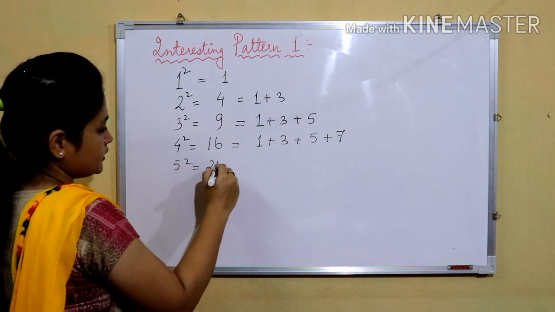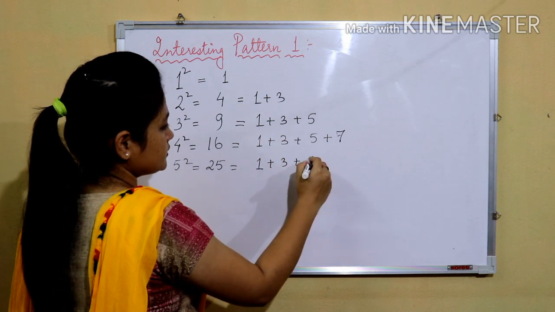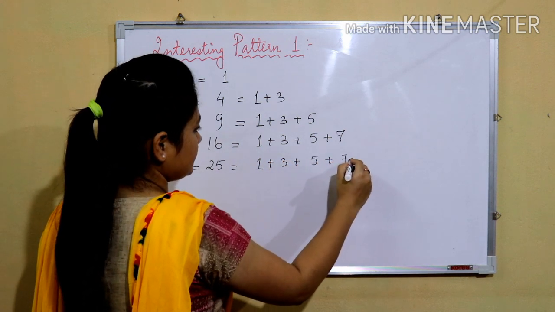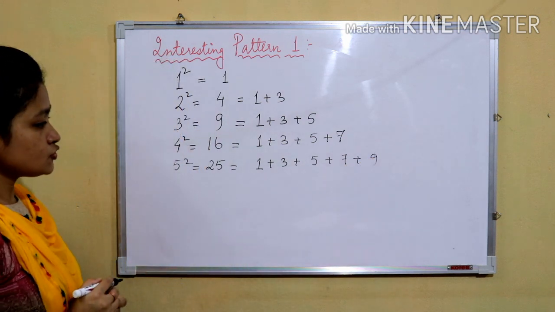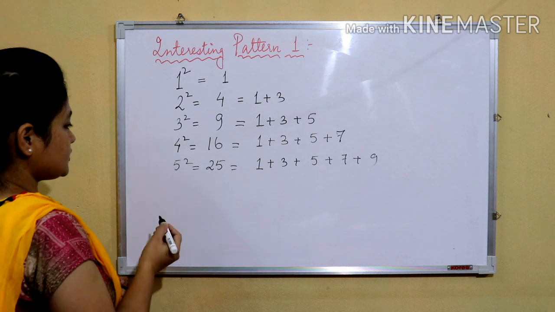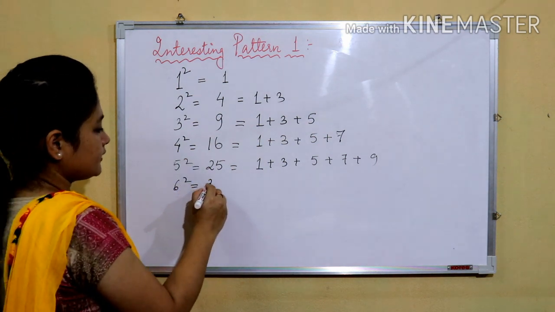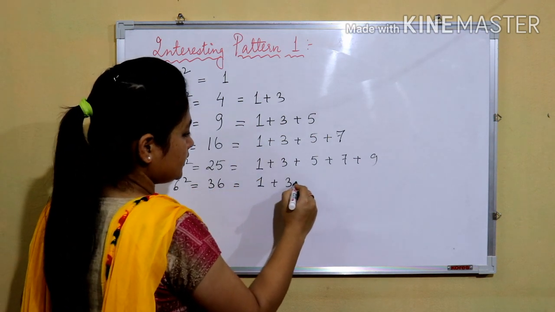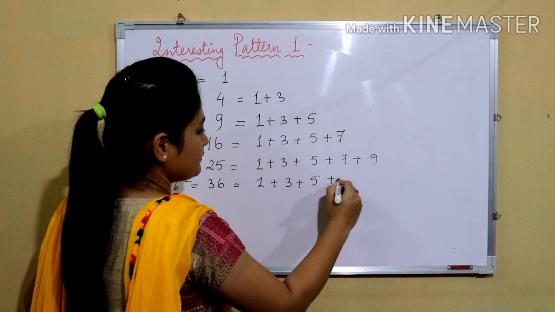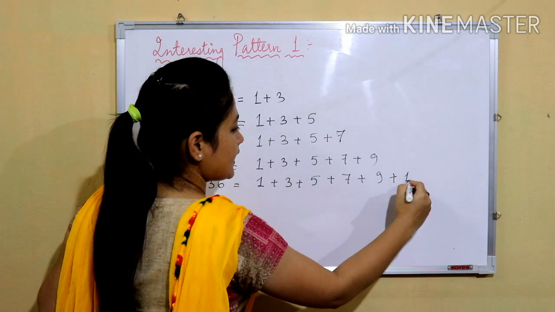5 square is 25. So I can write 1 plus 3 plus 5 plus 7 plus 9. With this, what will be our next number? 6 square is 36. 1 plus 3 plus 5 plus 7 plus 9 plus 11.